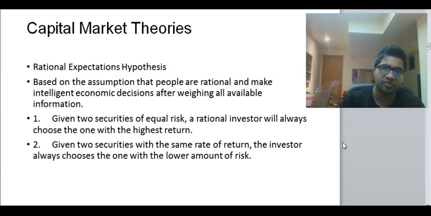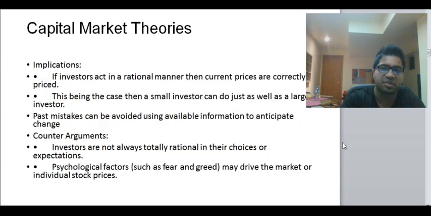Okay, so everyone is rational. There is no irrational behavior in the market. Everyone is intelligent, everyone is smart, and he or she makes rational decisions. Implications: if investors act in a rational manner, then current stock prices correctly represent the information.